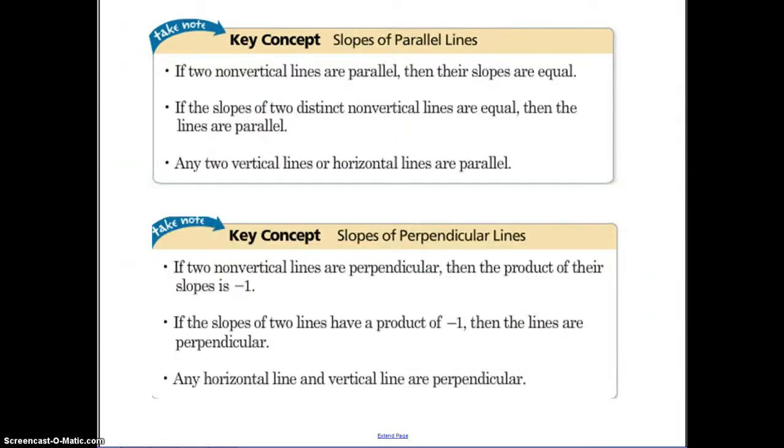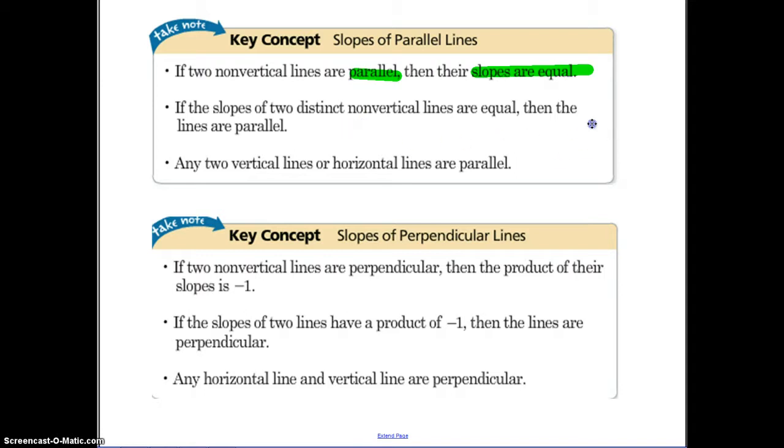Now, this whole chapter has been about parallel and perpendicular lines, so let's talk about the slopes of those. If two non-vertical lines are parallel, then their slopes are equal. So that's something from Algebra 1. If the slopes of two distinct non-vertical lines are equal, then those lines are parallel.